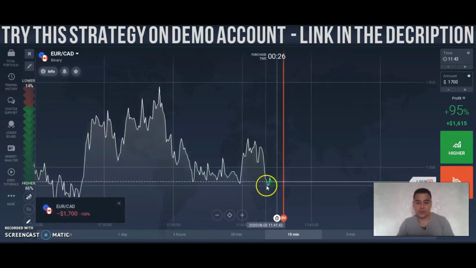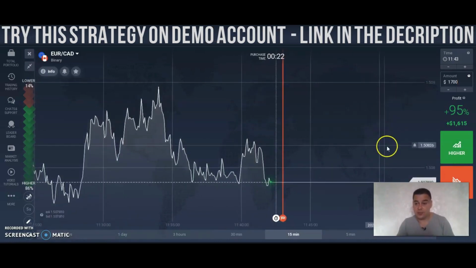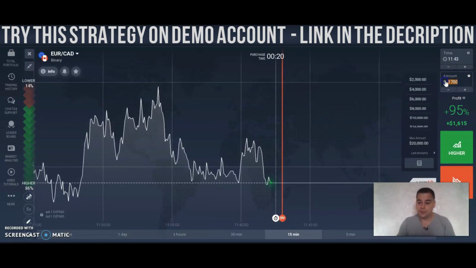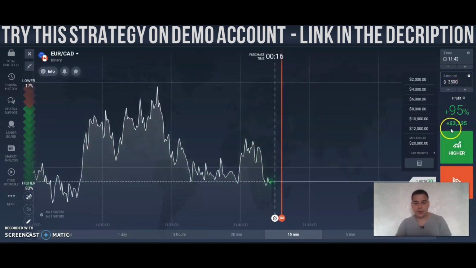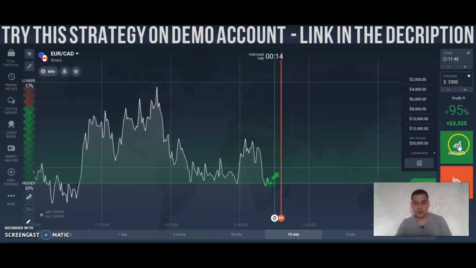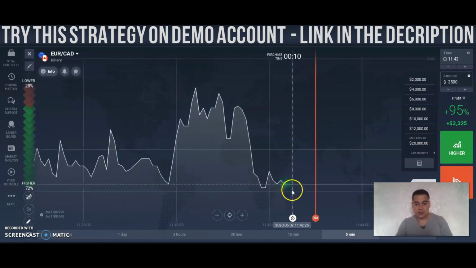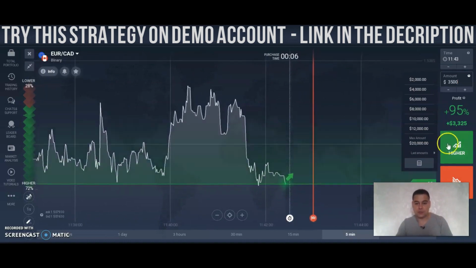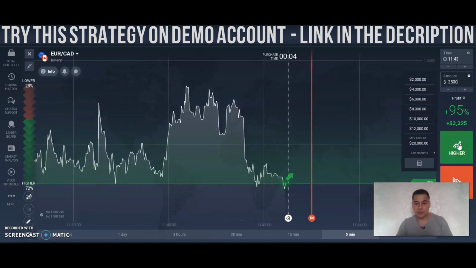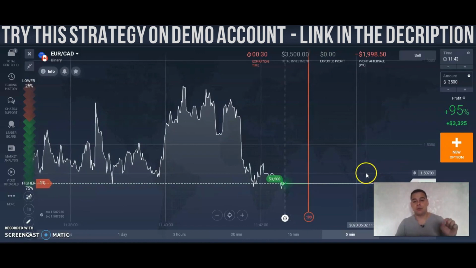You see the price is near the bottom. That means that it will go up anytime soon. 3,500. It will go up anytime soon. That means we should make our decisions as close as possible to this expiration timeline, because in that case we can be more specific and more accurate.